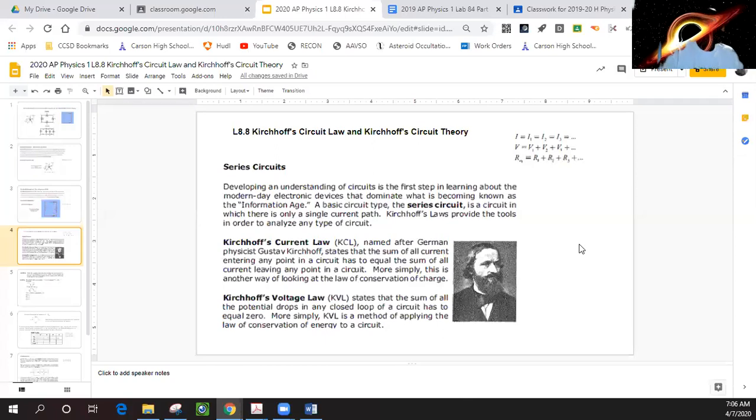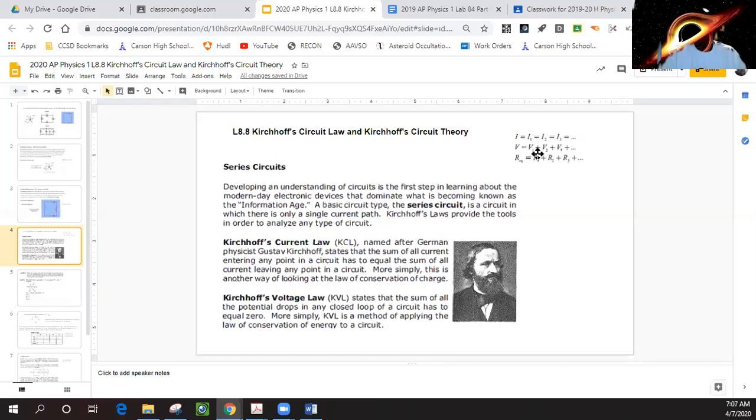Okay, so continuing on with Kirchhoff's circuit laws, now we're going to take a look at series circuits. Here are some relationships that we're going to be using. The current law says the current going through each node is equal, so all the currents are equal to each other. Current going in equals current going out.